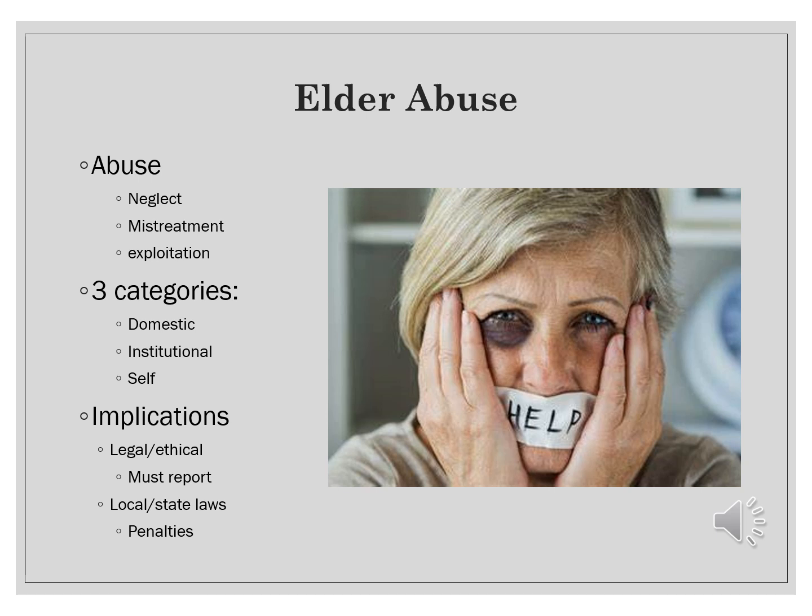It encompasses neglect, mistreatment, or exploitation of individuals aged 65 and older or disabled dependent adults. There are 3 categories of elder abuse: domestic elder abuse from a family member, institutional elder abuse, which occurs in assisted living and nursing homes, and self-neglect or self-abuse. There is no perpetrator, but rather the individual does not take care of themselves.